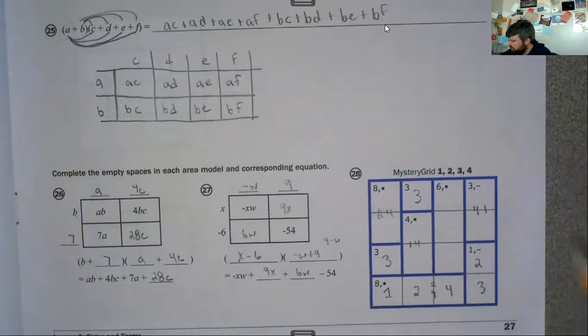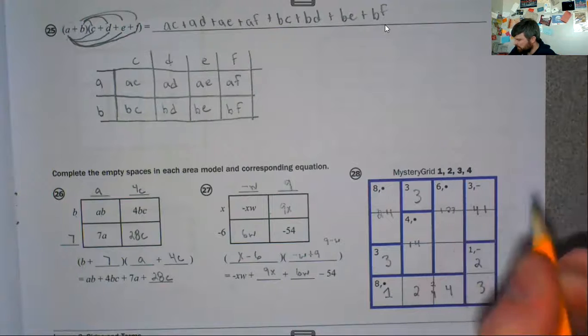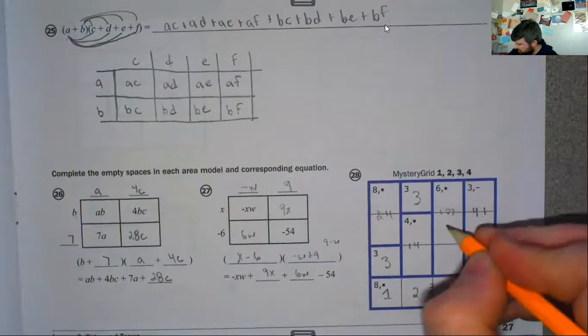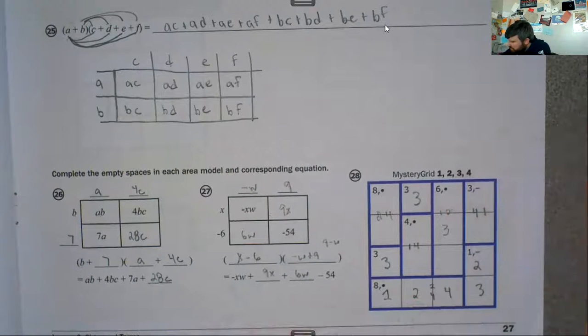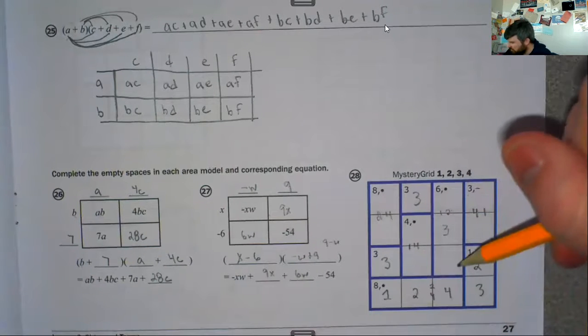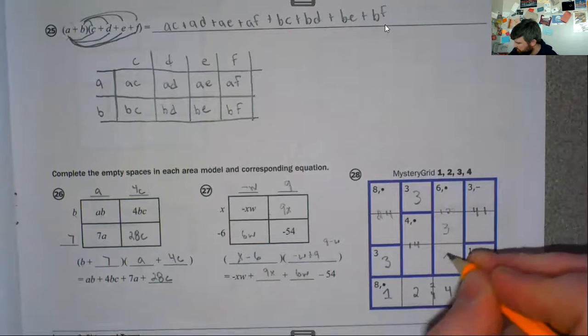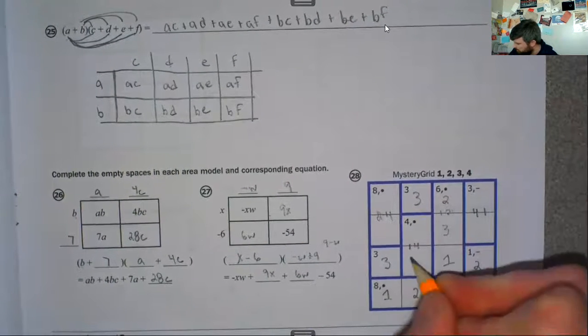All right. So let's see. 3 numbers multiplying to get 6. Well, you already have a 4, so that's going to be your 1, 2, and 3. Okay, well, this can't be a 3, and this can't be a 3, so your 3 has to go here. So this is a 1 or 2, and this is a 1 or 2. Well, this can't be a 2, so this has to be your 1, and this has to be your 2. 1, 2, 3, 4.